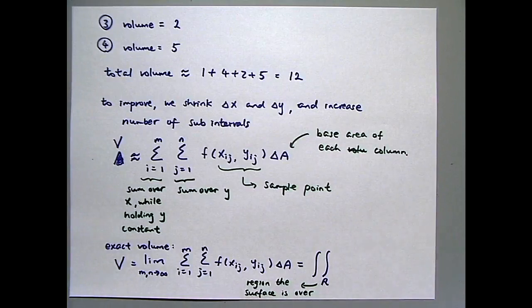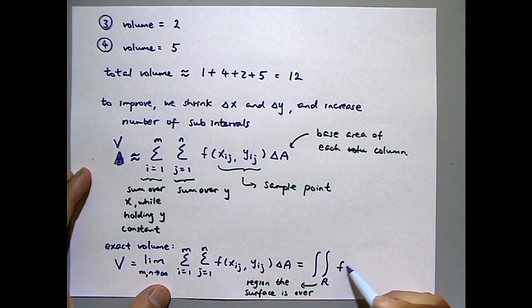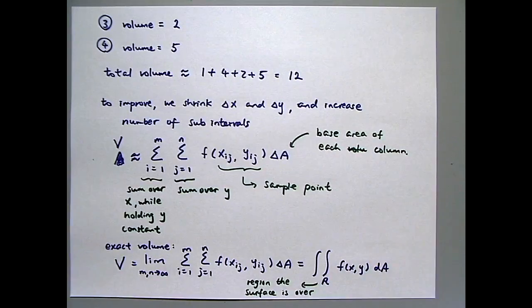It's the rectangular grid that we worked with in the example we just finished. That's what this R here is. And then in here, we integrate f of x, y and some differential element of area, dA.